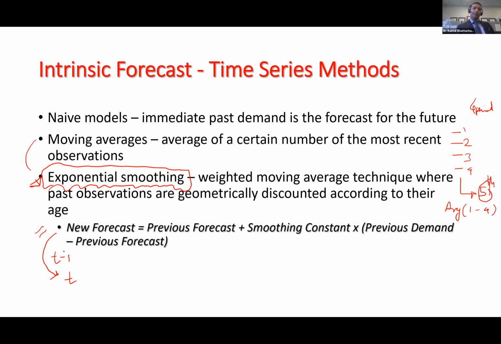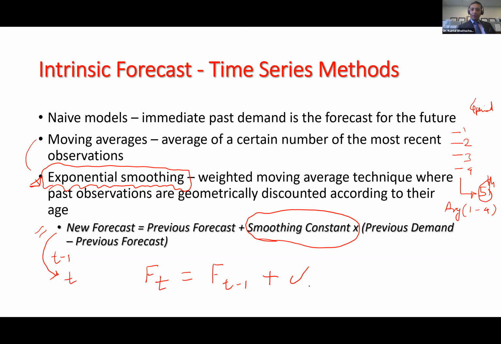So if I have to provide a mathematical spin to what I have written up here, if you look at the new forecast, let's suppose that forecast is being dubbed as F with a subscript of T. Okay, that suffix of T basically means that you are forecasting for period T, which is equal to the previous forecast, which is the forecast for the previous time period, T minus 1, plus you have a smoothing constant that we are introducing here.